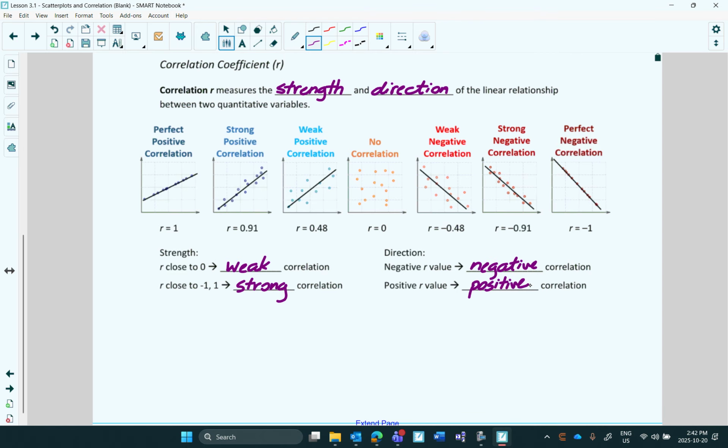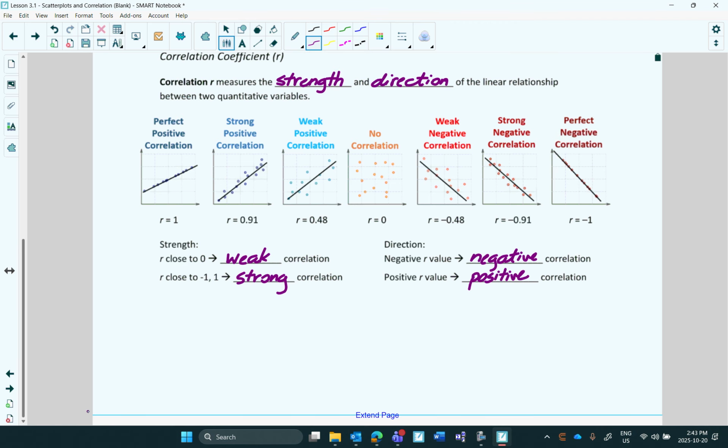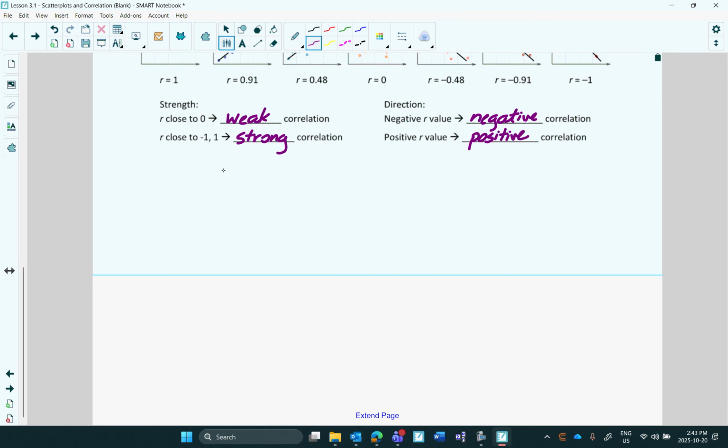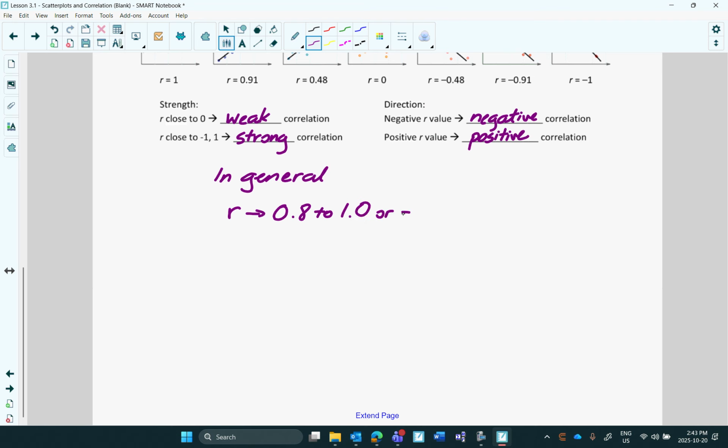Now, in general, you can go by this guide. If r is 0.8 to 1, or -0.8 to -1 for a negative correlation, we would say that it's strong.